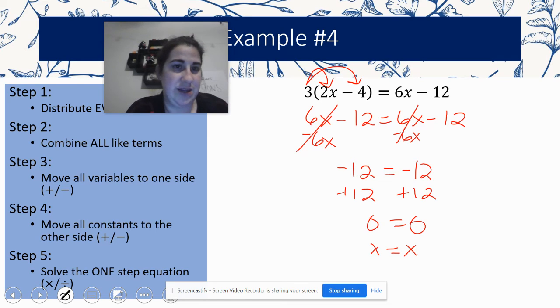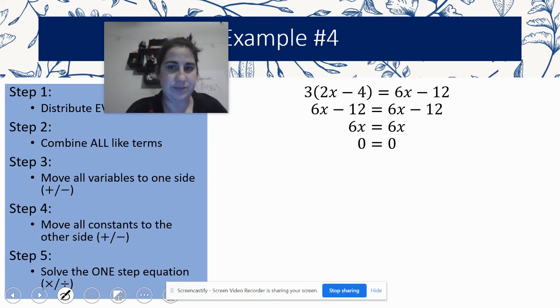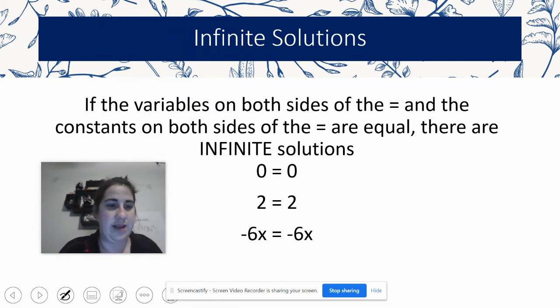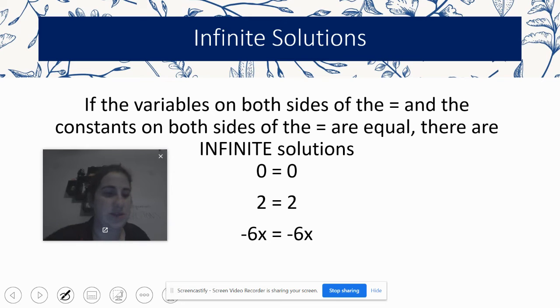Okay, so this one is a unique situation. Over here, I did it a little differently. I got rid of the constants first. This is a situation called infinite solutions. So besides the examples that you've written down, also write down this.